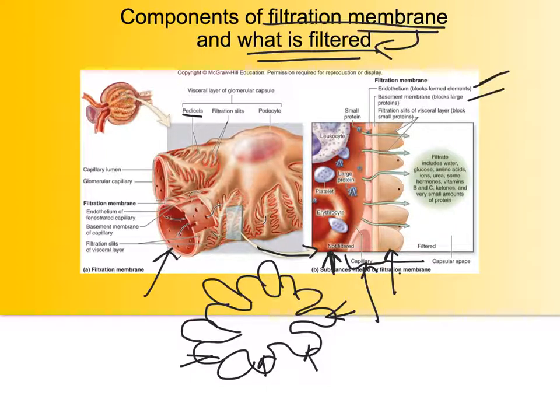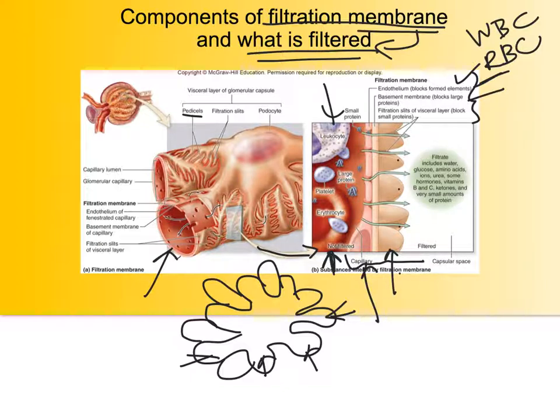Basically, here's what's going on: the endothelium is blocking formed elements. So it's blocking red blood cells, white blood cells, platelets. It's keeping them in the blood. If you look here, they're staying in the blood.